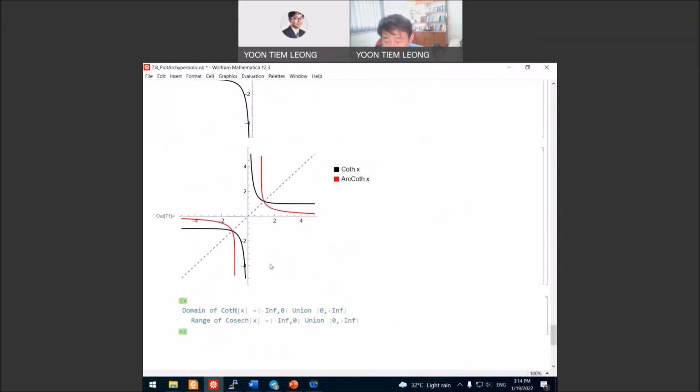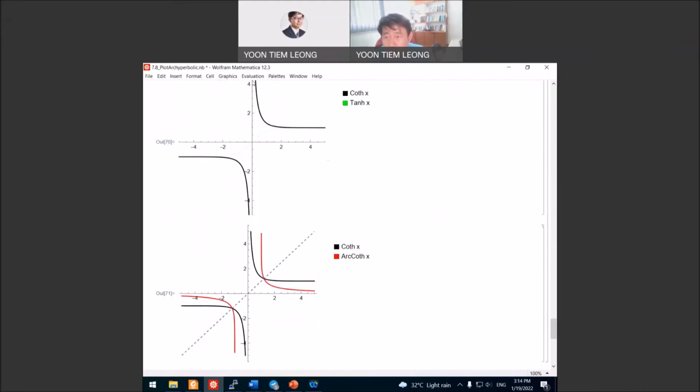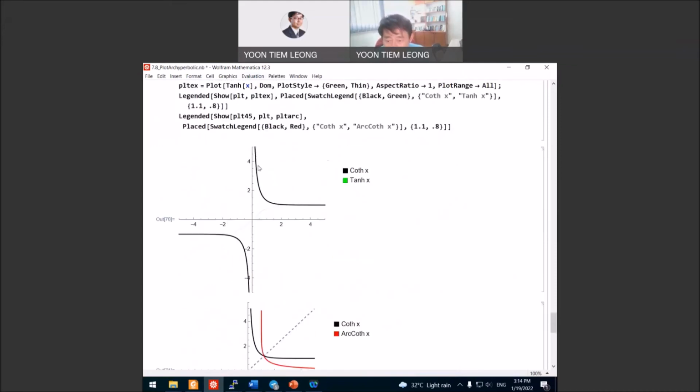Okay, so the domain and range of the hyperbolic cotangent function is this, right? So the black color line has a domain from minus infinity to positive infinity, excluding x equals 0, and from minus infinity to positive infinity for the range without 0.